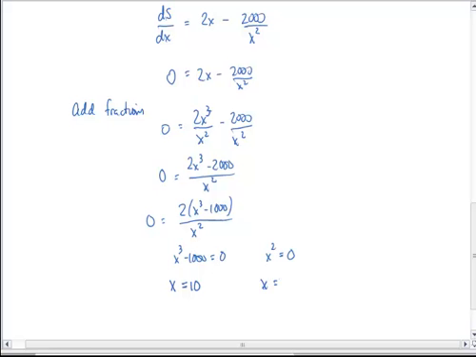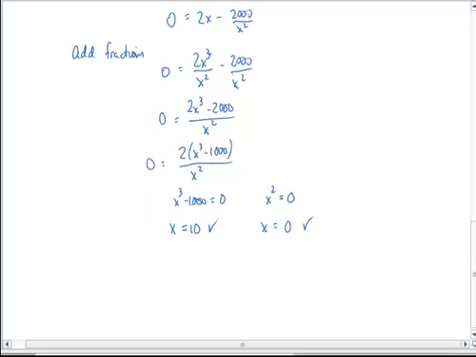And the other critical point is that x equals 0. 0 is not in the domain of our original problem, so we're not really going to be able to test that, but we can test the value at x equals 10. So how would you test to ensure that you found the minimum? I'd like you to do that test, discuss it with your partners, and let's talk about finding the minimum value.